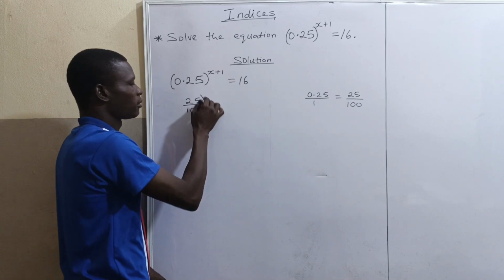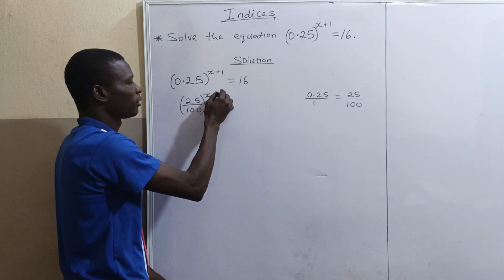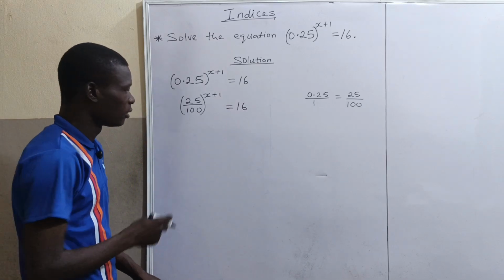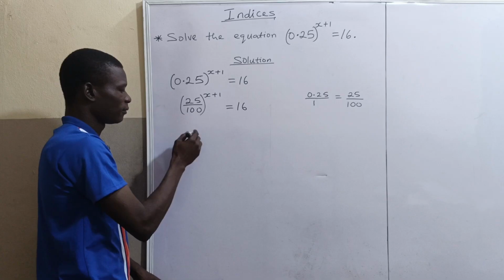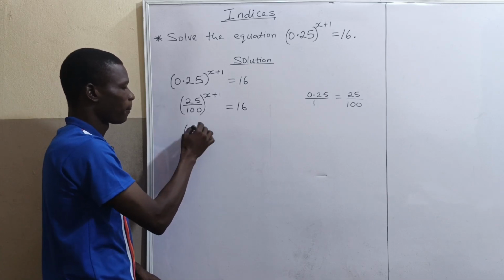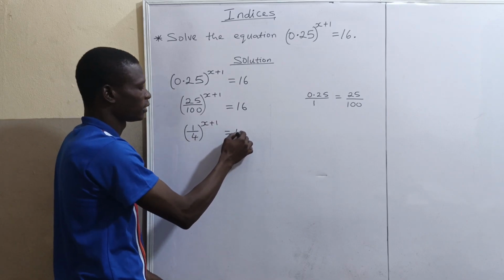And that's raised to the power x plus 1 equals 16. Now when reduced to the lowest term, it becomes 1 over 4 raised to power x plus 1 equals 16.